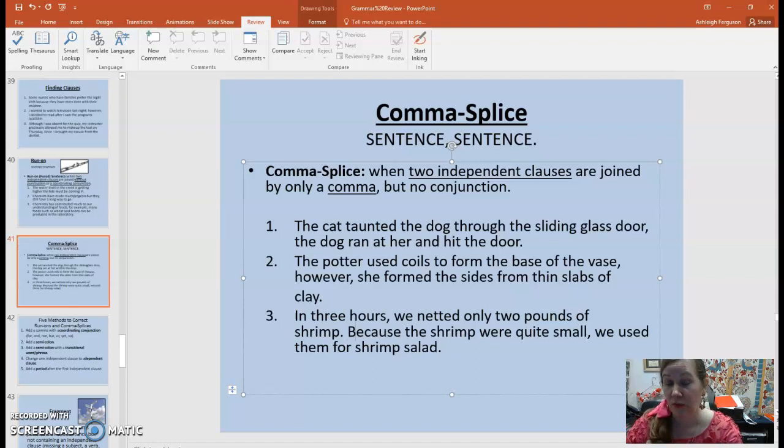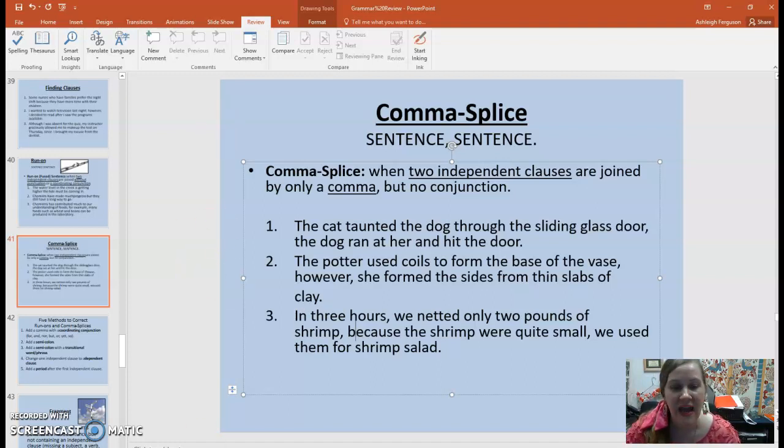Okay, there's different ways to correct this comma splice. Just remember though, if you ever have two sentences coming together, there cannot be just a comma that comes between them. It either has to have a comma and a conjunction, or change that comma to a semicolon, or make it two different sentences.